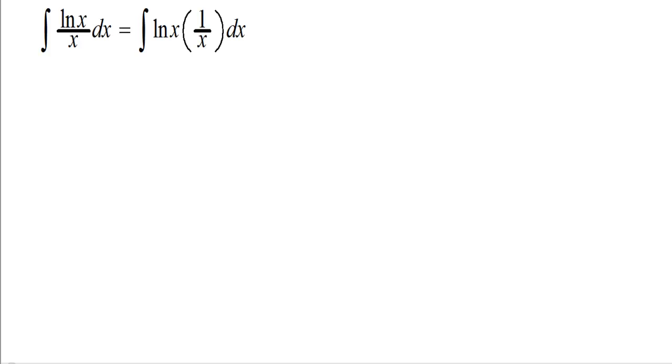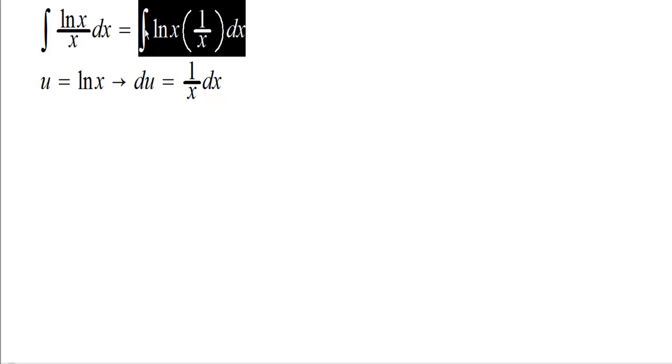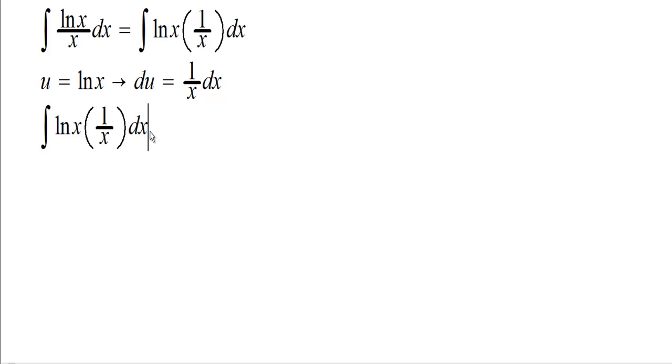Very good. So if I have u as ln of x, what is that going to give to me? Du equals 1 over x, then dx, right? Makes sense? Okay, so this whole thing becomes what? This becomes, yeah, go ahead, sir.